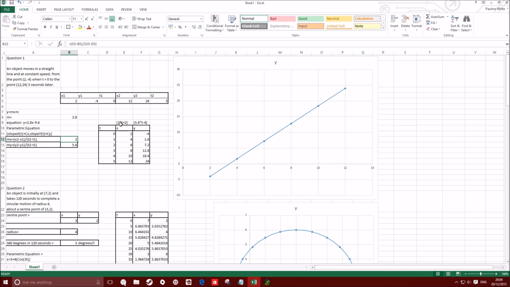So in this equation, x is the slope mx multiplied by t plus the starting position of x, being 2, and for y it's the slope of y, 5.6, multiplied by t, minus 4, because minus 4 is the starting point, as said in the question. When you put that in and fill out the table, you get this straight line graph showing 2D straight line motion.